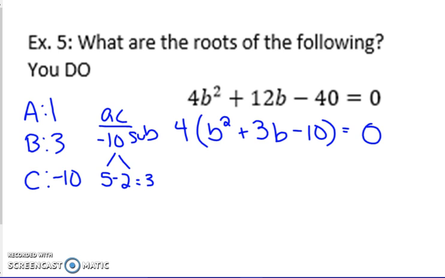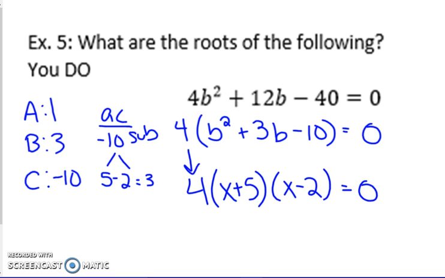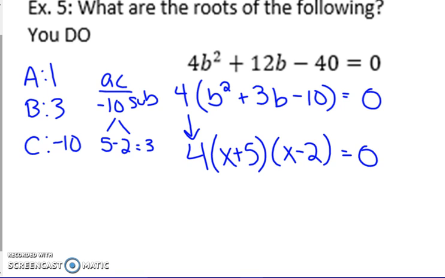So that means, again, we're still bringing down our GCF. It becomes 4 times b plus 5, b minus 2 equals 0. Now, from here, if we look, our GCF is a whole number, so we don't have to set that equal to 0. But we still want to make sure that we set our other two parentheses equal to 0.